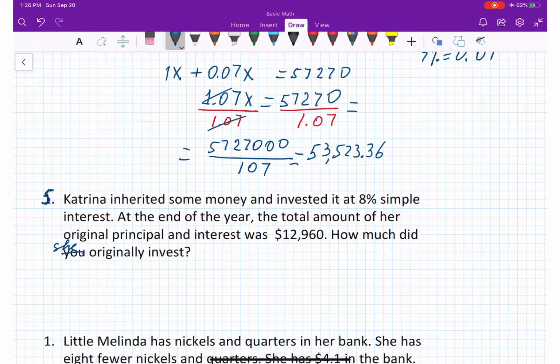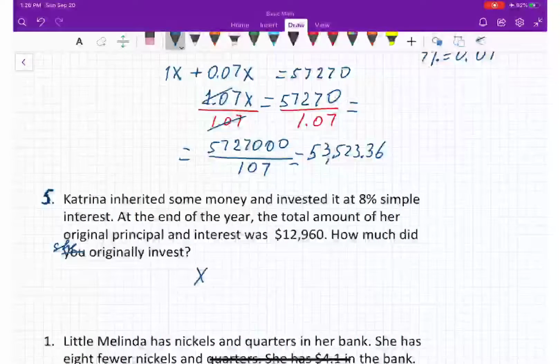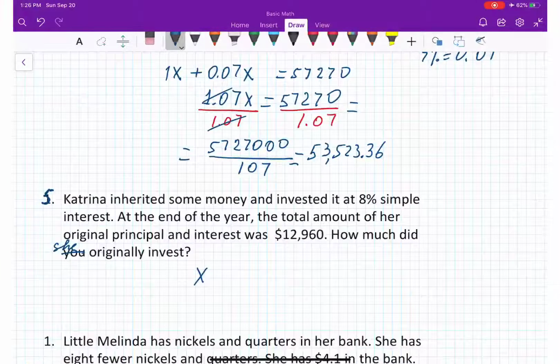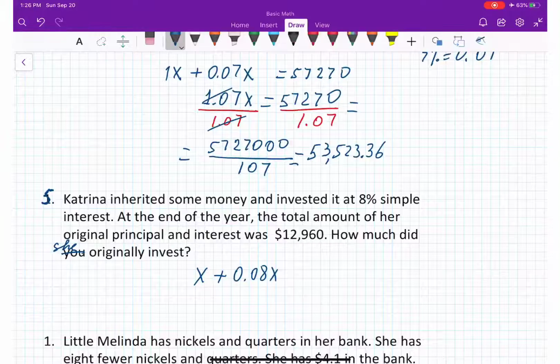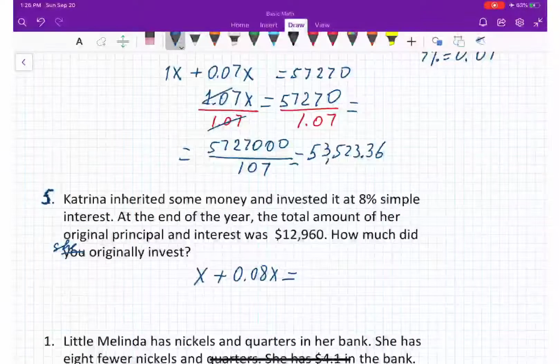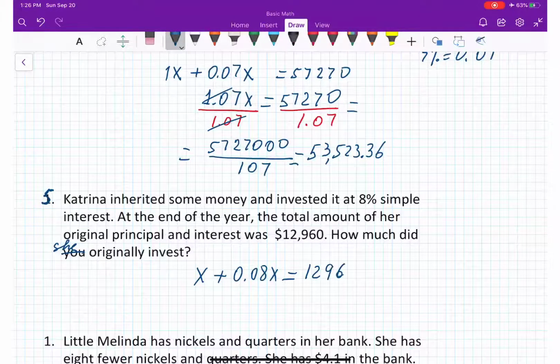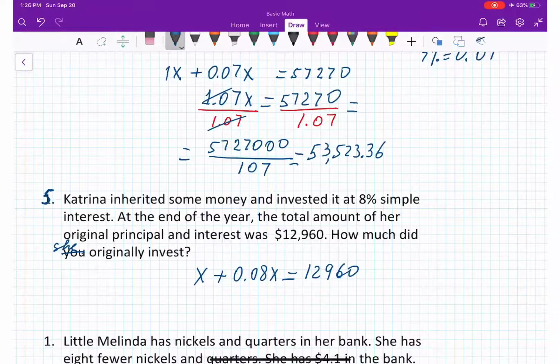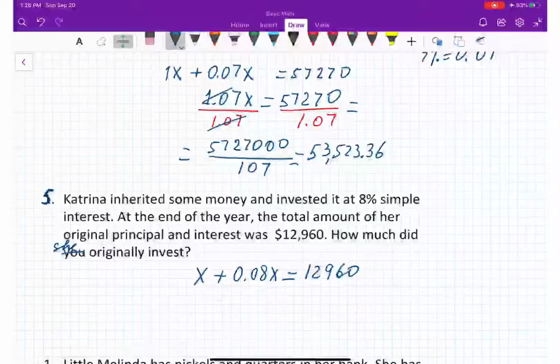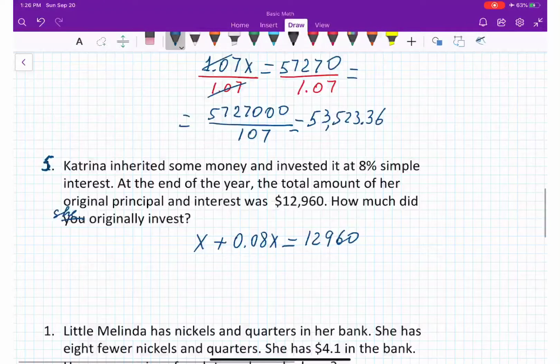X amount of dollars. Okay, and then she got simple interest. 8% is 0.08, which will be 0.08x because X amount she invested, and that is equal to 12,960. So all we need to do is find the amount of X, how much she invested.